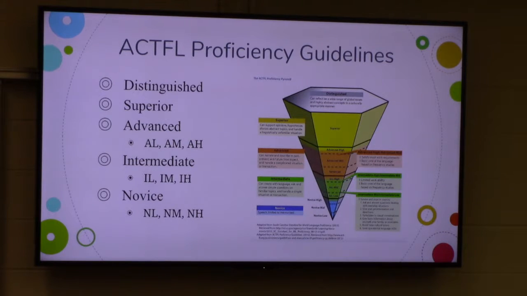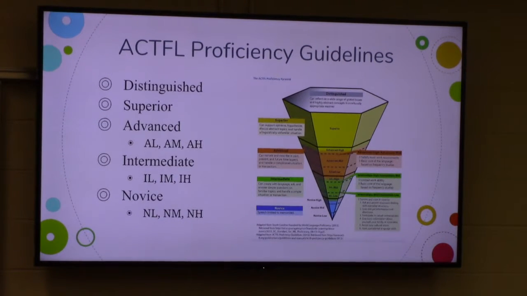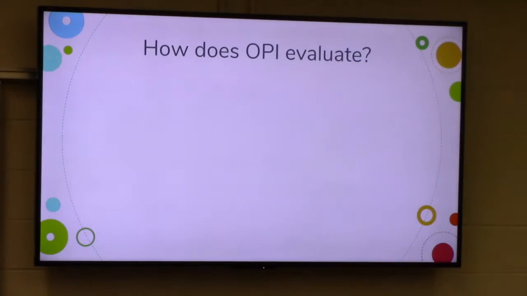For our language programs, especially for lower division, we are probably doing novice and intermediate levels, 100 and 200 classes, so I'll be focusing on those. I know the letters are very small and probably cannot be read.